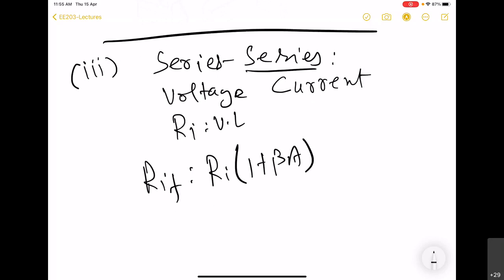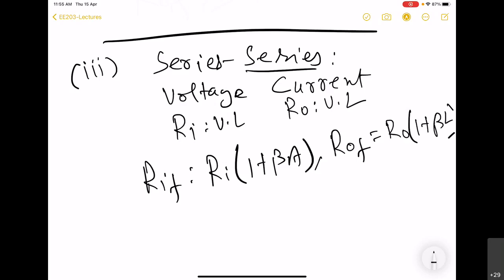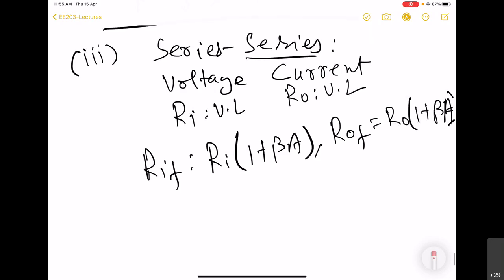Its input impedance should be small, but the output impedance of the original amplifier should be very large. So that means the modified output impedance should also be large. That means this should be the overall output impedance.